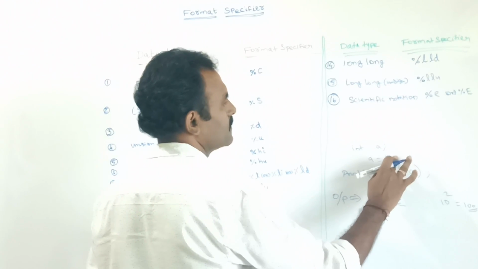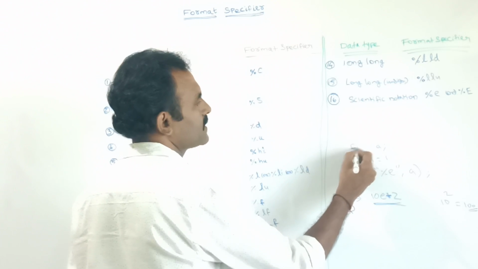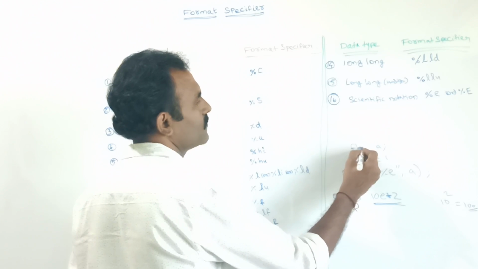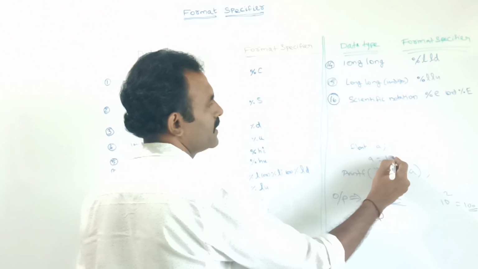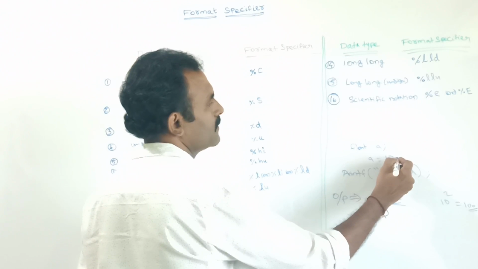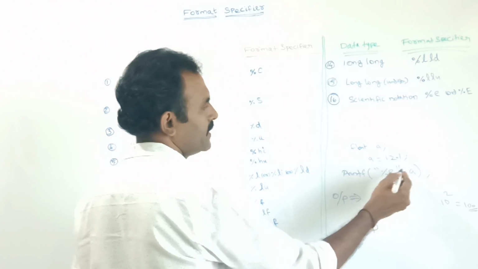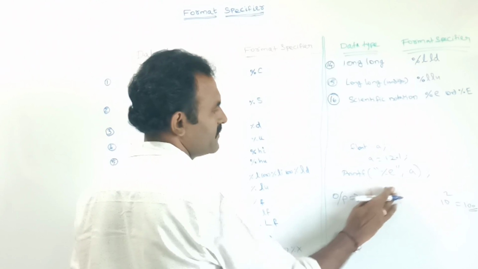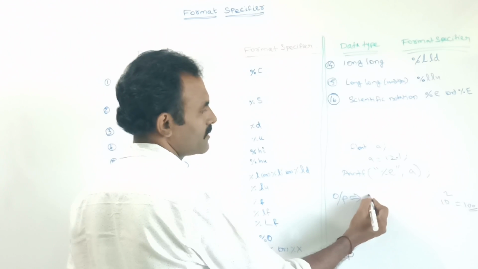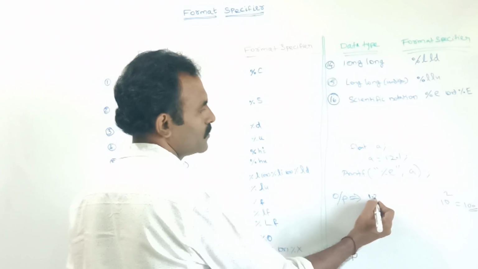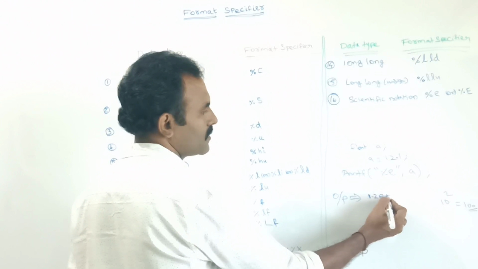Suppose we take a float value, float a, and declare a as 12.1. If I need to print it in scientific notation, it will be printed like this. Output will be 1.2e+1.